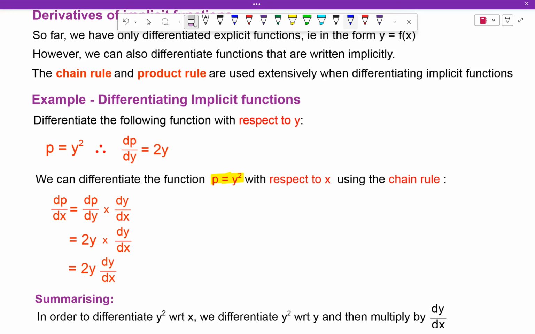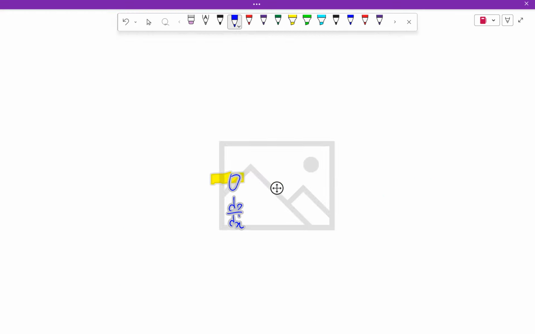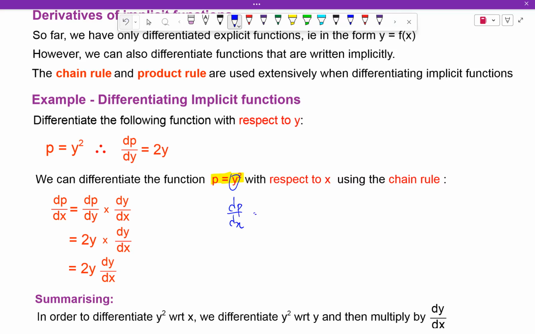Using our chain rule, because we want to find dp over dx, but this is according to y, that means we have to use the chain rule. So dp and dx are separated, and we write dy and dy here.